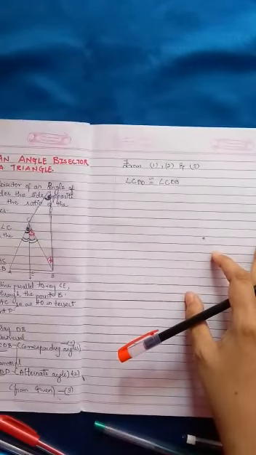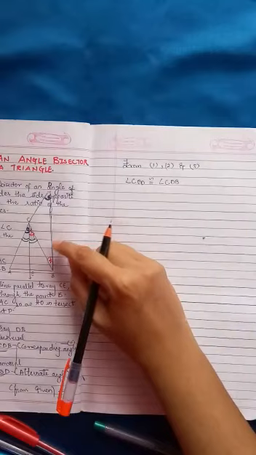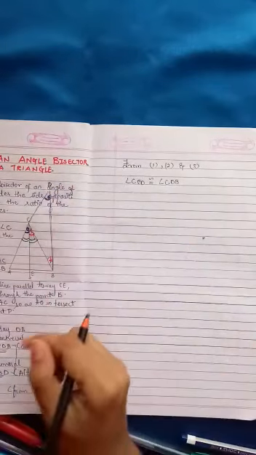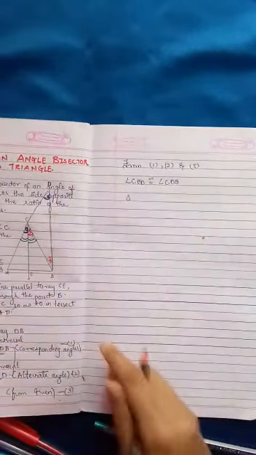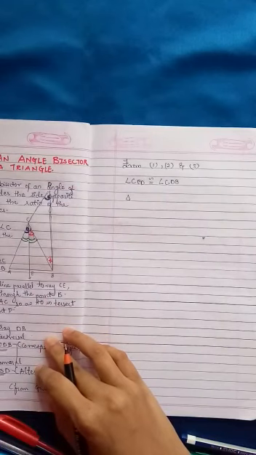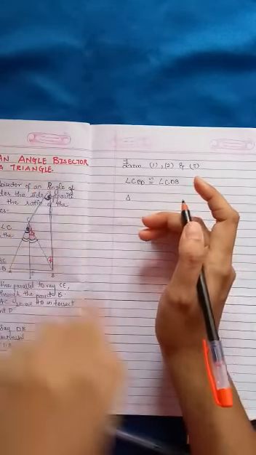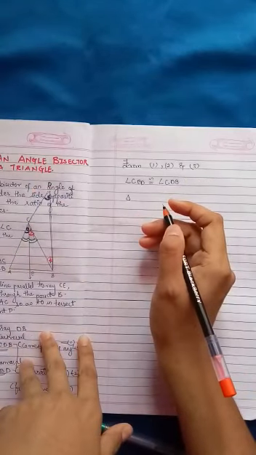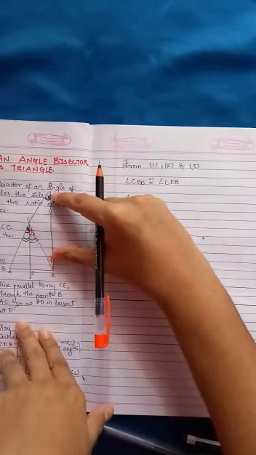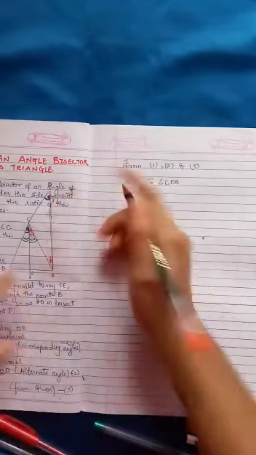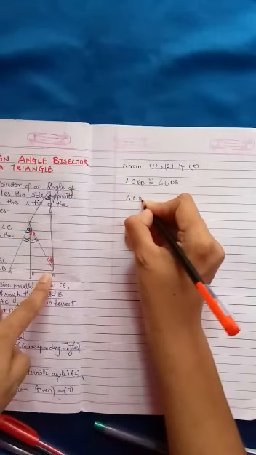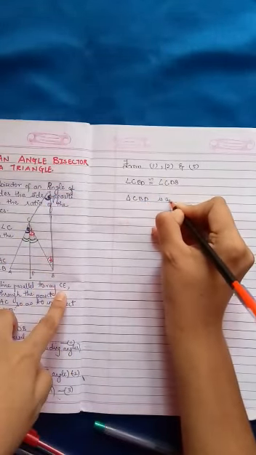Attentively look at all these three statements. Now you tell me one thing. If both the base angles are equal, can I conclude that my triangle CBD is an isosceles triangle? See, the base angles are the same.